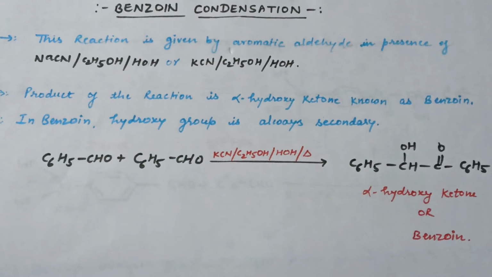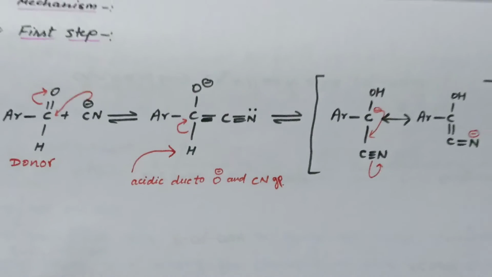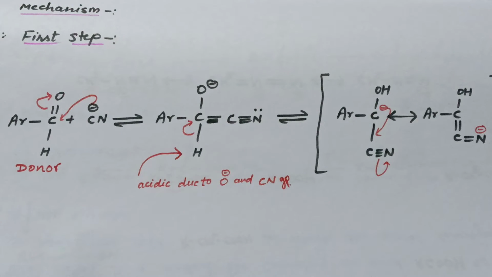Friends, now we are discussing the mechanism of benzoin condensation. The first step involves the nucleophilic addition of cyanide ion onto the carbonyl group. The hydrogen atom attached to the carbonyl group of aldehyde is not acidic enough to be released easily, but the addition of cyanide ion to the carbonyl carbon places this hydrogen in the alpha position of the nitrile, thus making it relatively acidic.